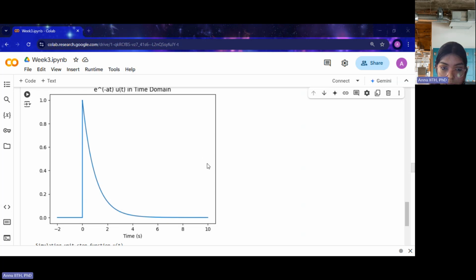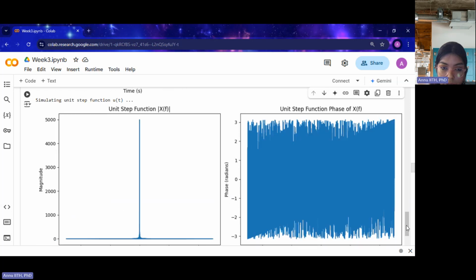This is e power minus at u(t) in the time domain. Unit step function, mod of X(f), magnitude and phase spectra is different.